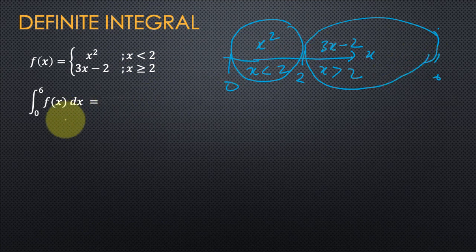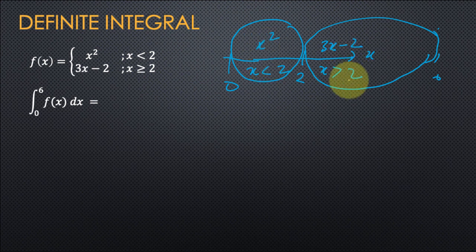How to compute the definite integral? What you need to do is to separate this definite integral into 2. Why 2? Because you have two different rules here. Two different conditions. For x less than 2, fx is equal to x square.